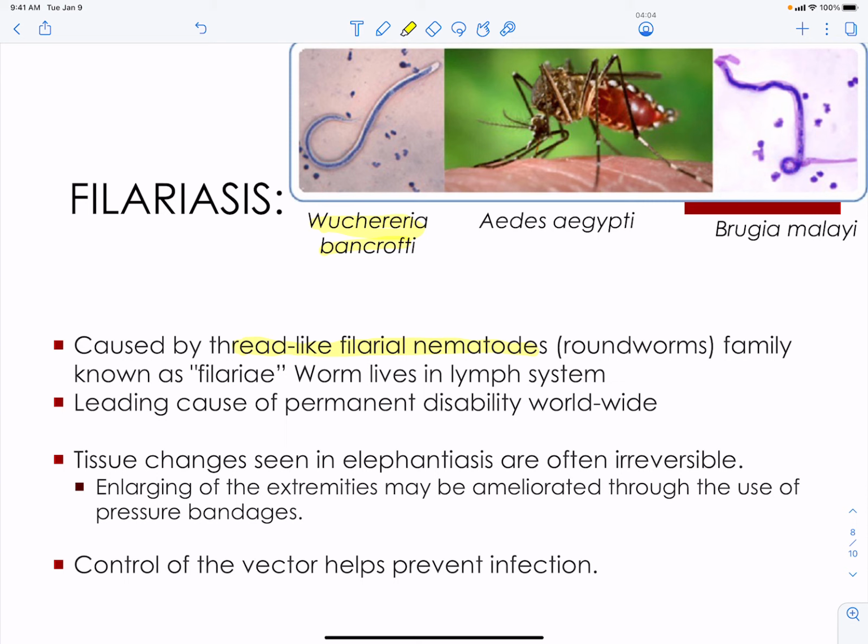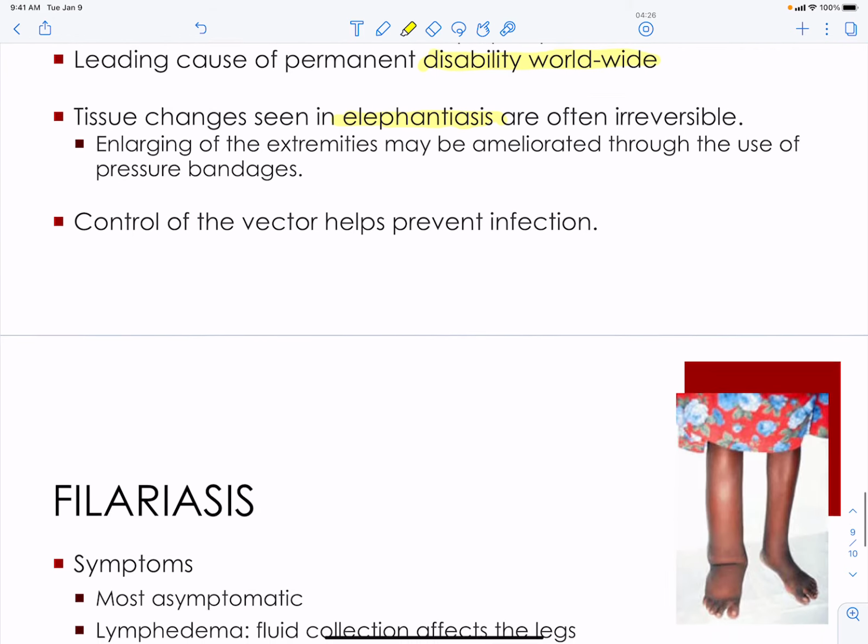In the world, this is a leading cause of disability. It's very rare in the Western world. This is going to lead to elephantiasis, and sometimes you have such severe scarring and tissue changes that it's going to be irreversible. The control of the vector is what's going to help to control the infection.